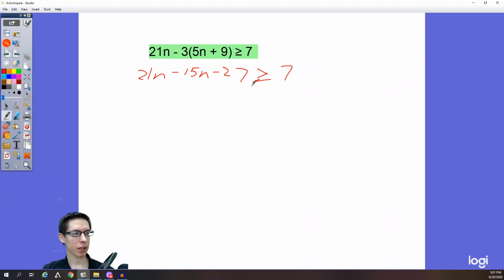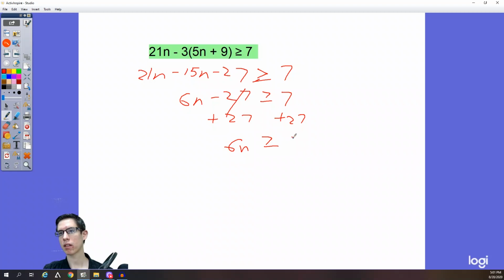Now, let's combine some like terms. 21n minus 15n. That's going to give me a 6n minus 27 greater than or equal to 7. Okay. And then let's add 27 to both sides. And we've got 6n greater than or equal to 34.